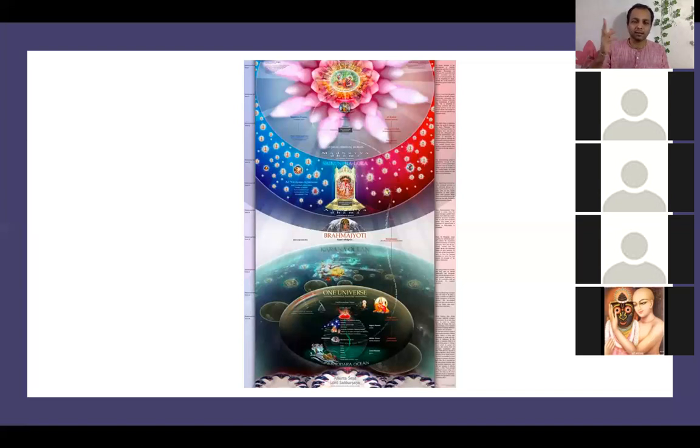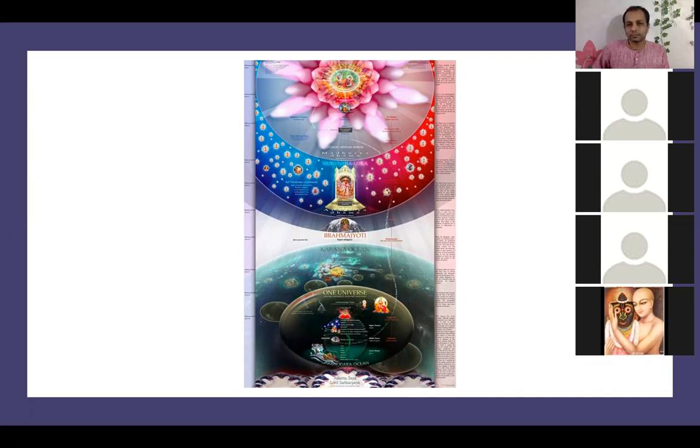So as you go higher in the planetary systems, the higher you go, the more siddhis you get, the more powers you get, the more superpowers you get. It's already there. So a yogi increases or raises his level of consciousness to such a platform that at least he goes to a very high planetary system.